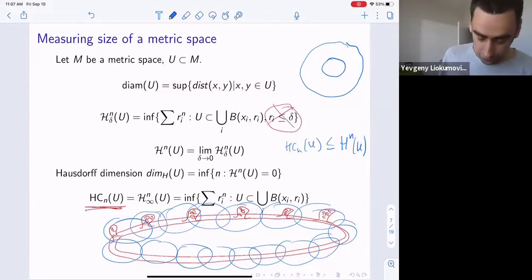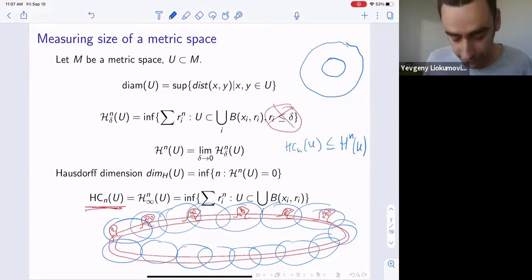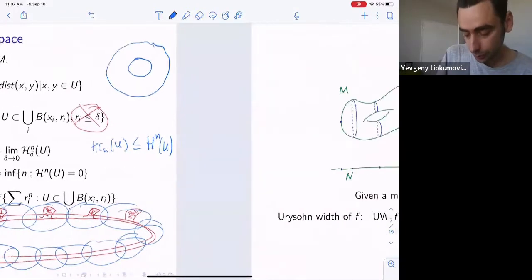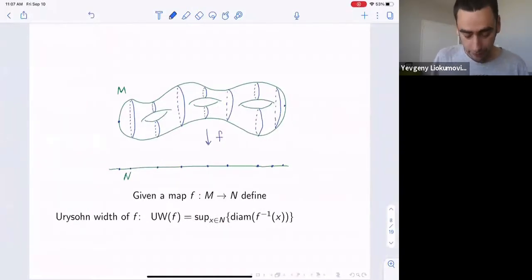Okay, so with these definitions in mind, let us now change gears and consider yet another way of measuring the size of a metric space, which originally came up in the study of dimension theory in the early 20th century. And this is the Urysohn width.